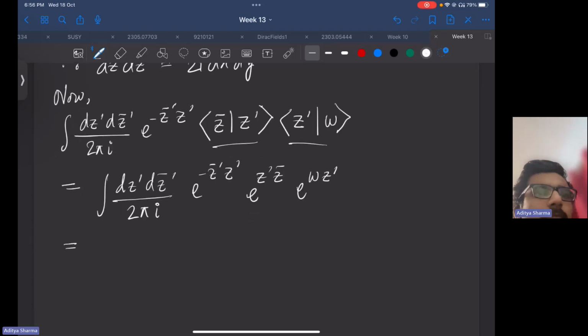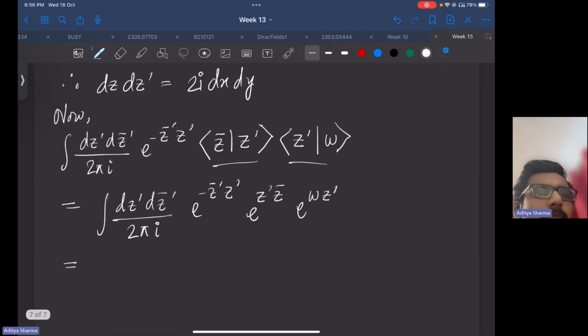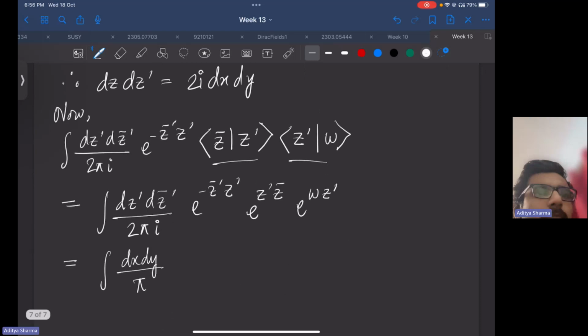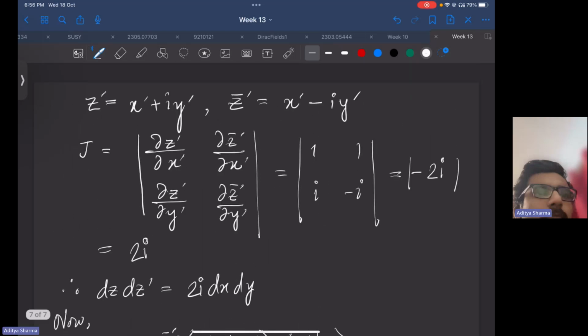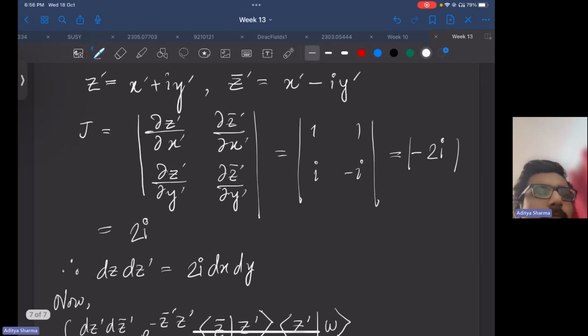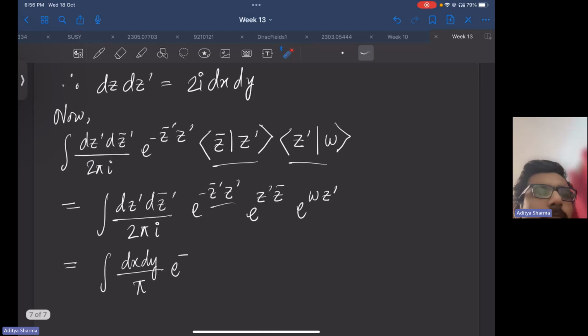Now I'll do the variable change. So this is nothing but 2y dx dy. So I'll have dx dy and pi below, e power minus. So these are the variables which I know, and this is nothing but z prime and this z bar prime and z prime. These have been multiplied. So you are going to get x prime square plus y prime square.